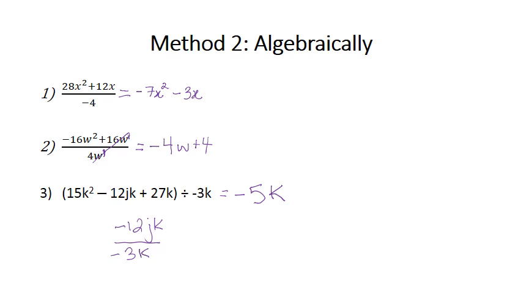Well, negative 12 divided by negative 3 is positive 4, and jk divided by k, the two k's will cancel out, and I'll just get j. Then I have 27k divided by negative 3k. Again, 27 divided by negative 3 is negative 9, and k divided by k cancel each other out. So the quotient here will be negative 5k plus 4j minus 9.